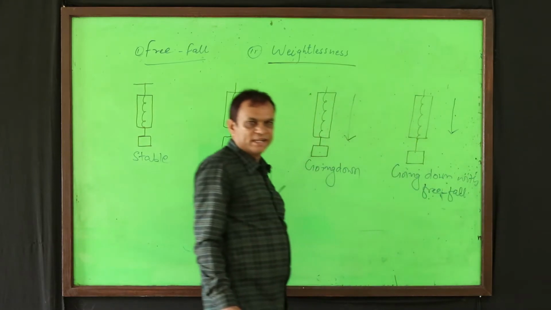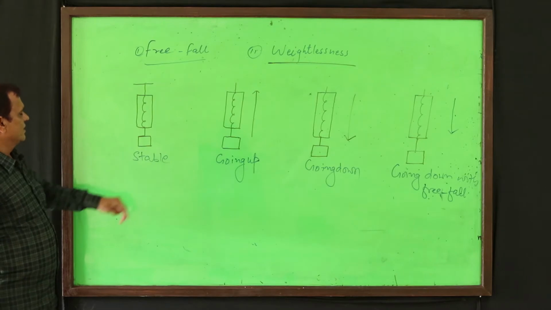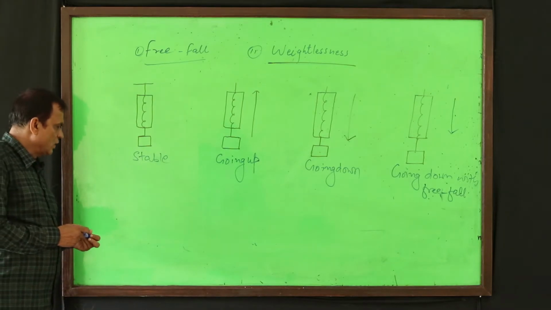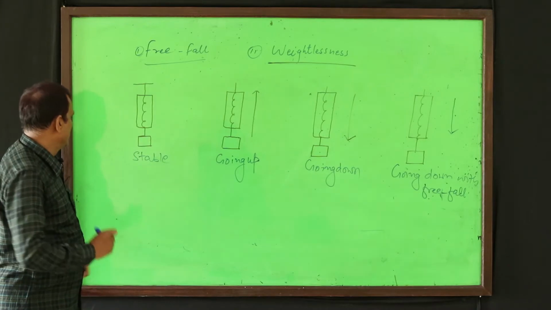Now see, dear students, what happens in these conditions? In a stable condition, if you want to find the weight of the body, we write W equal to mg.